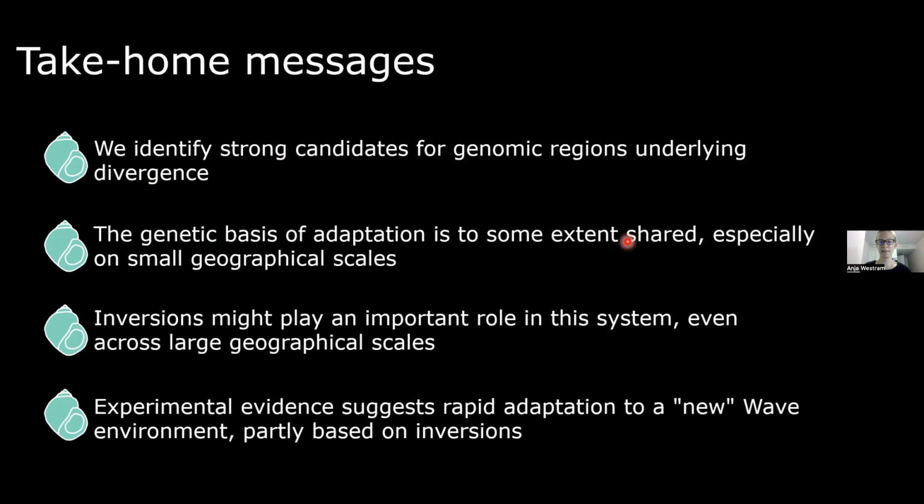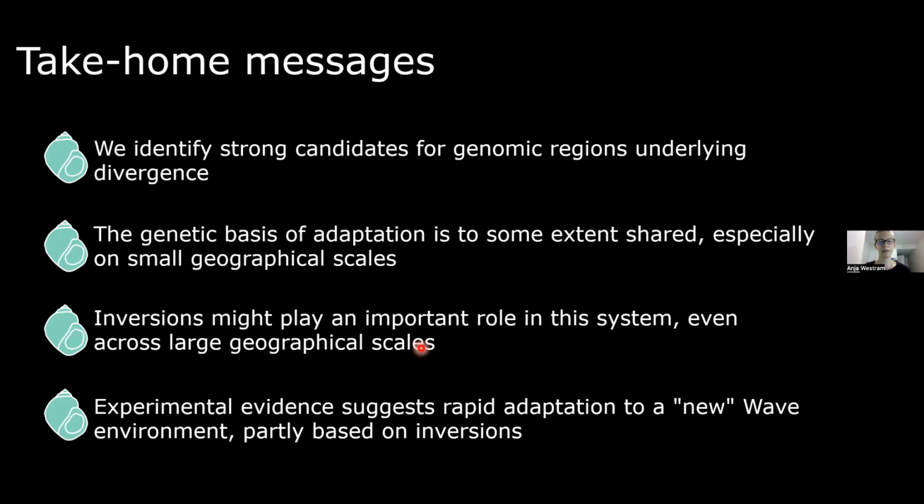We also find that the genetic basis of adaptation is shared over space and time, and particularly on small geographical scales. As I've said many times, we find that inversions play a large role in adaptation in this system, even on very large geographical scales, because they seem to be shared by gene flow across many different locations.